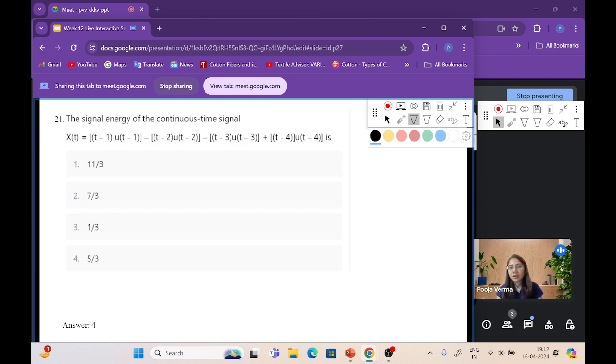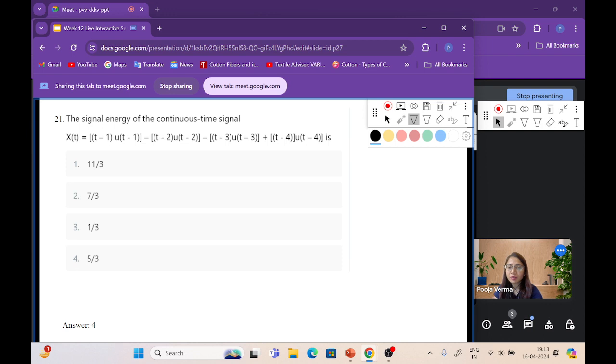So the question is: the energy of a continuous time signal given as x(t) is equal to, in brackets, (t minus 1) u(t minus 1) minus, in brackets, (t minus 2) multiplied by u(t minus 2), minus (t minus 3) u(t minus 3) plus (t minus 4) u(t minus 4).